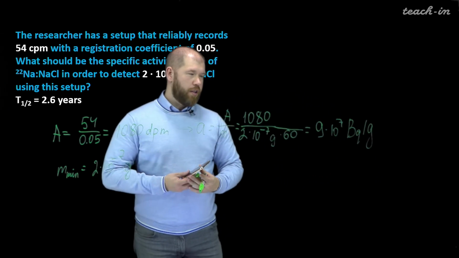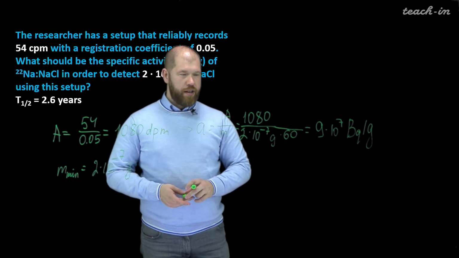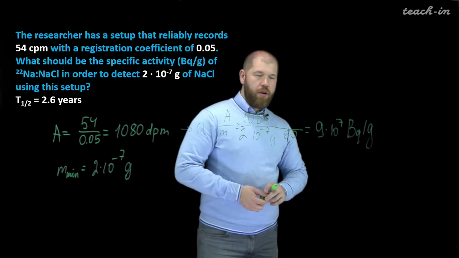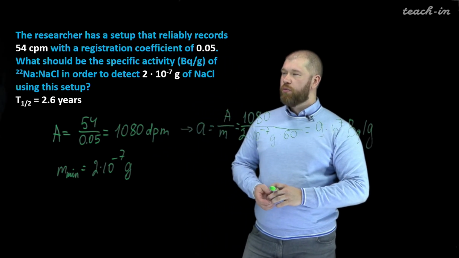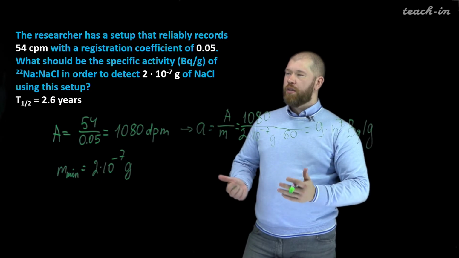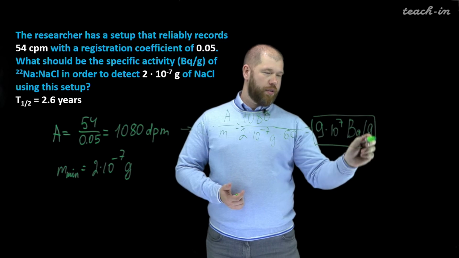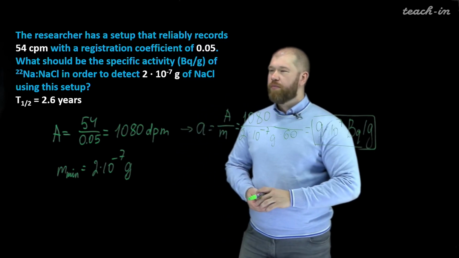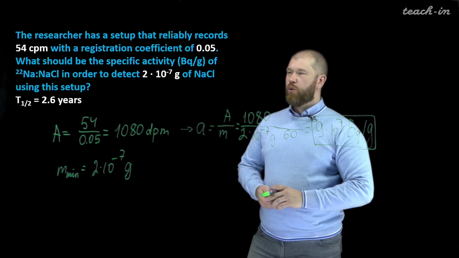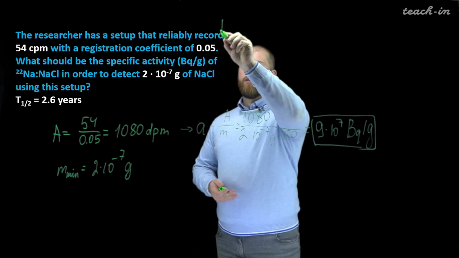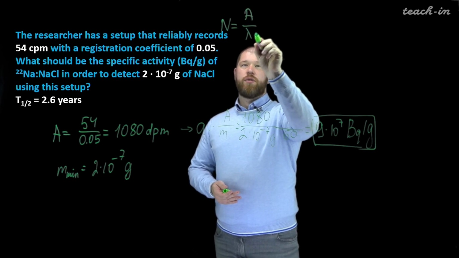So this is our final activity, but let's solve another additional task. What the amount of the sodium 22 isotope will be in this system. So we now know the specific activity, and by knowing the half-life of this isotope, we can calculate this amount using half-life.